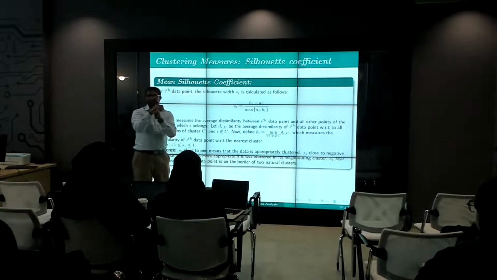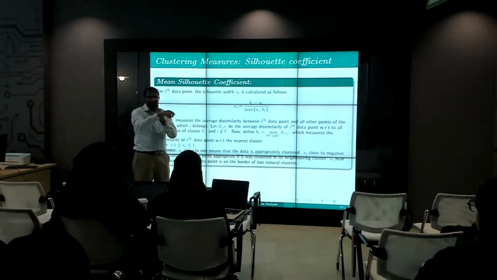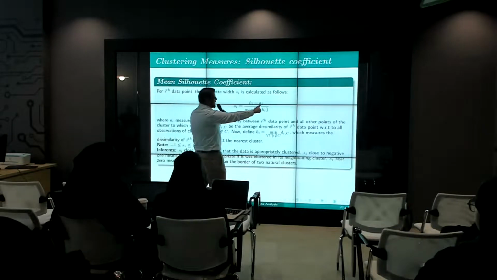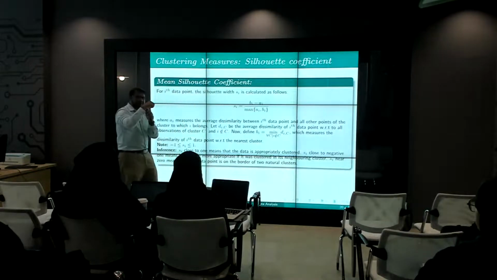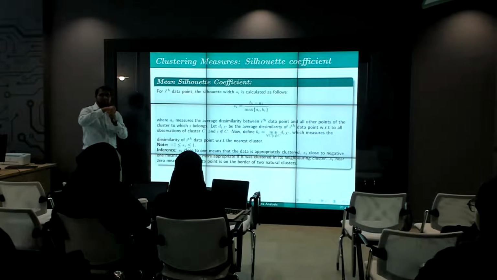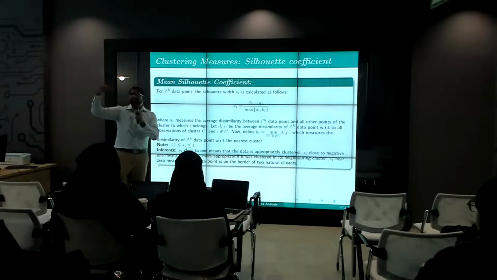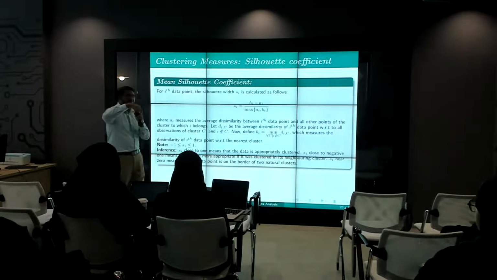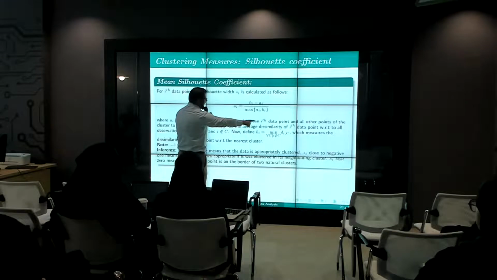Then you take a point in the data, and you see how this point is different from other points in the same cluster. And this difference is measured by a_i. And then you take the same point, and you see how this point is similar, you see the way it's presented, to points in the other cluster. And that is captured by b_i. This is the way to calculate b_i.